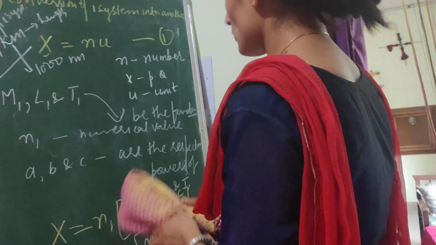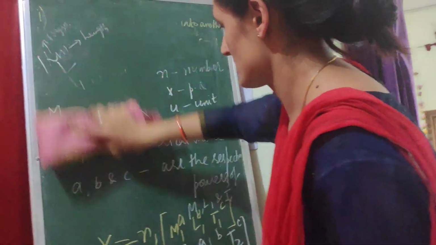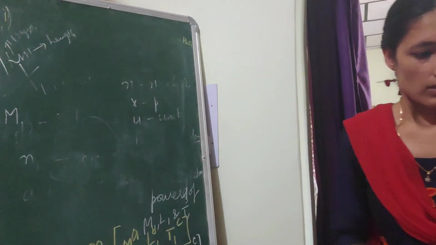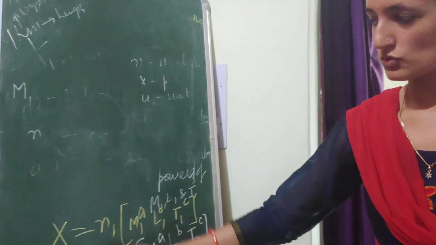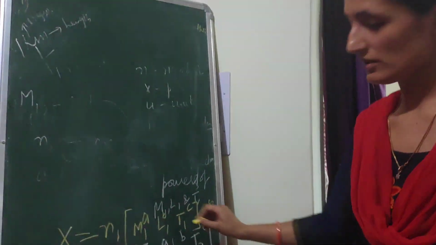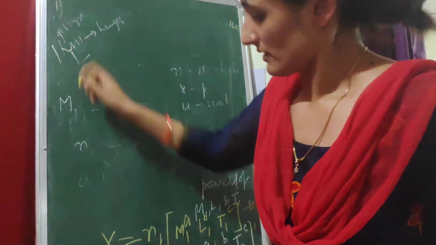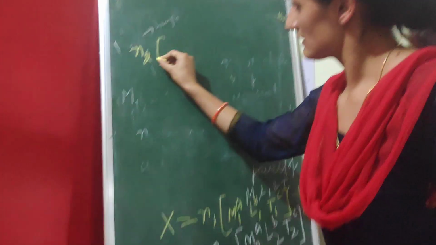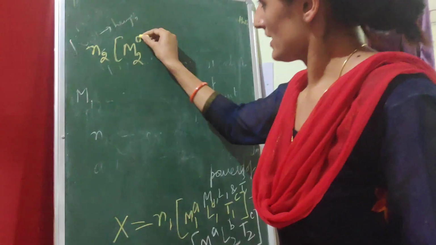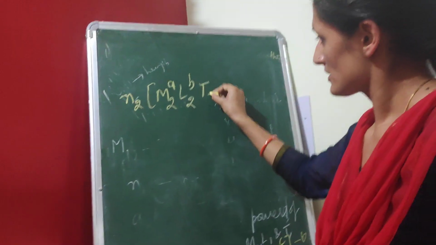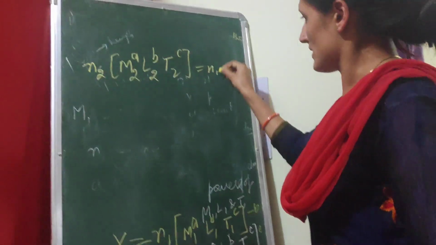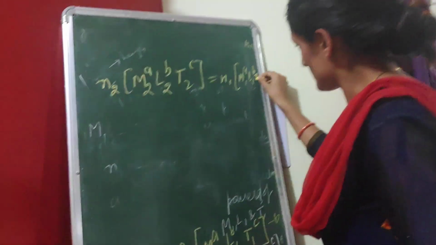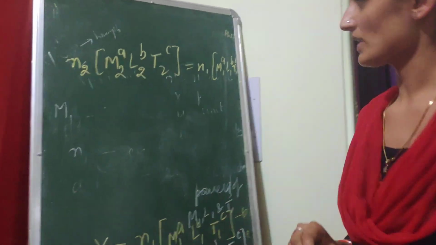Now how are you going to convert the values from the first system into another system? Both are the same, so these two equations must be equal to each other. So N2 M2^A L2^B T2^C is equal to N1 M1^A L1^B T1^C. Clear?